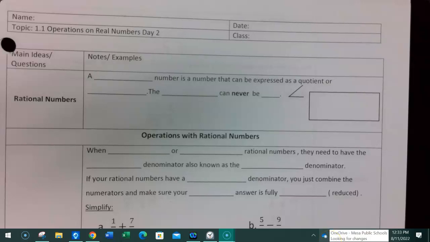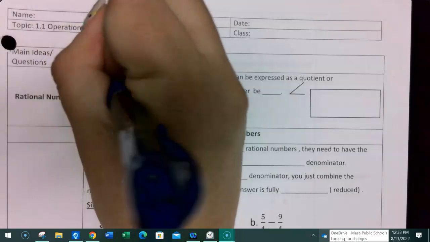Okay, so today we are working with fractions. Fractions can also be called rational numbers.